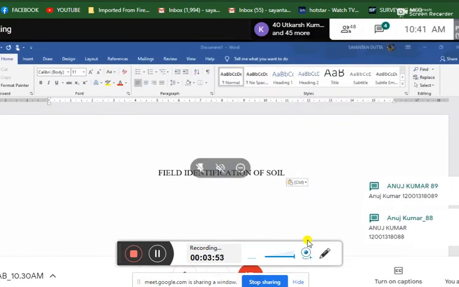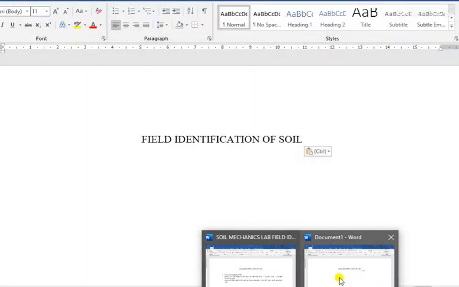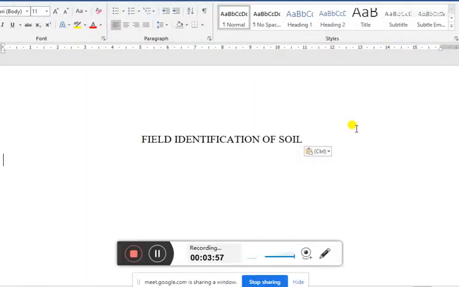I'm continuing now. Field identification of soil. First of all, you have to test the soil from the field, or some in situ soil you have to collect on your palm and test.